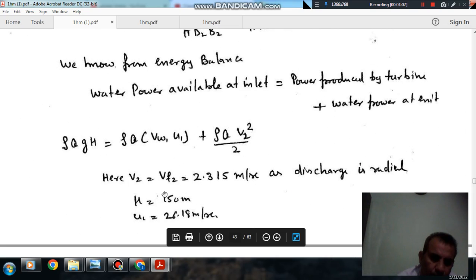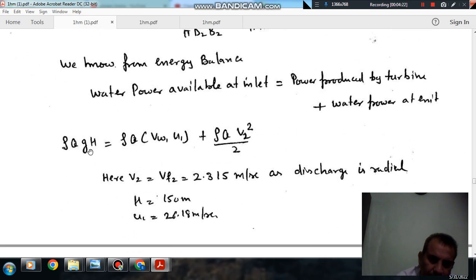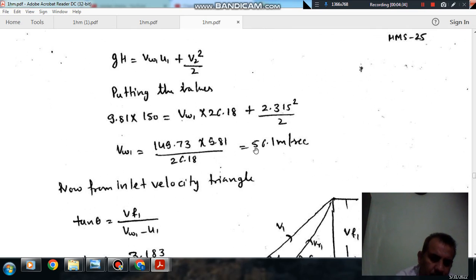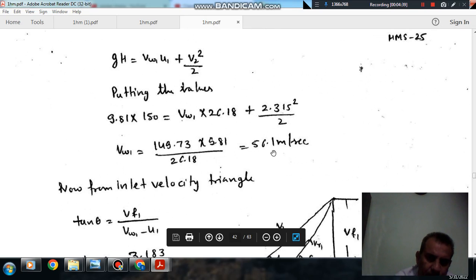Rho Q will cancel out, and here it will be g H, here Vw1 U1, and here V2 square by 2. So the only unknown is Vw1, and from this we can calculate it. So Vw1 comes out as 56.1 meter per second.